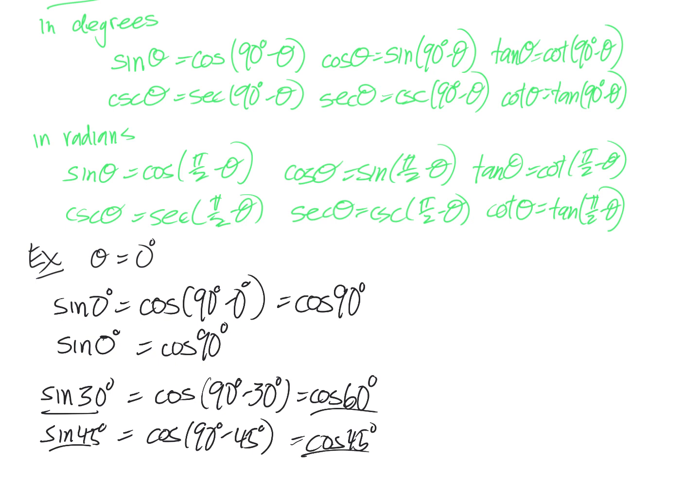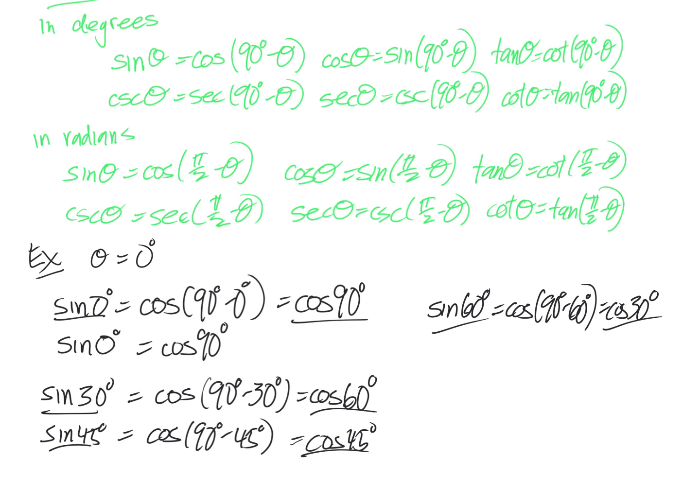These are the numbers that we just saw in that table just above. Sine of 0 degrees is cosine 90. Sine of 30 degrees is cosine 60. Sine of 45 degrees, cosine 45. Sine of 60 degrees is cosine of 90 degrees minus 60. 90 minus 60 is 30 degrees. So sine 60 is cosine 30.